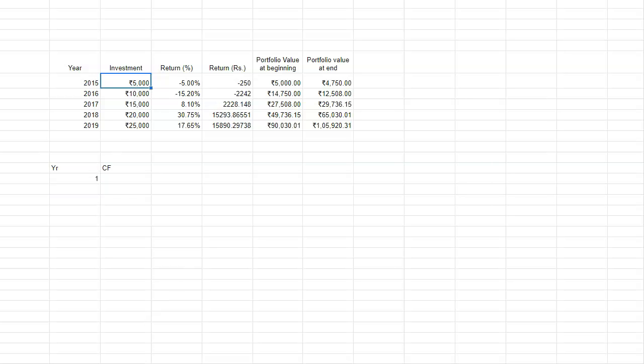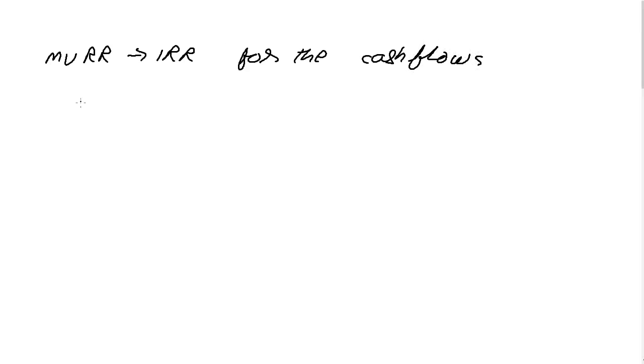Now you need to keep in mind that when we are calculating the money weighted rate of return, we are finding the IRR for the cash flows in such a way that the first cash outflow, in this case 5,000, is going to be on the left hand side, and we want to find that rate which when applied to all the remaining cash flows.